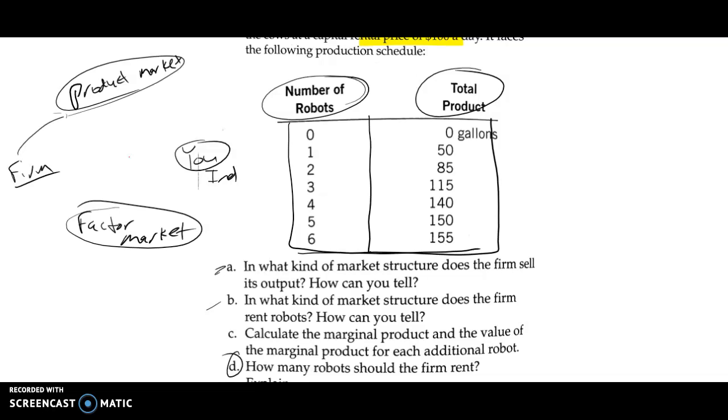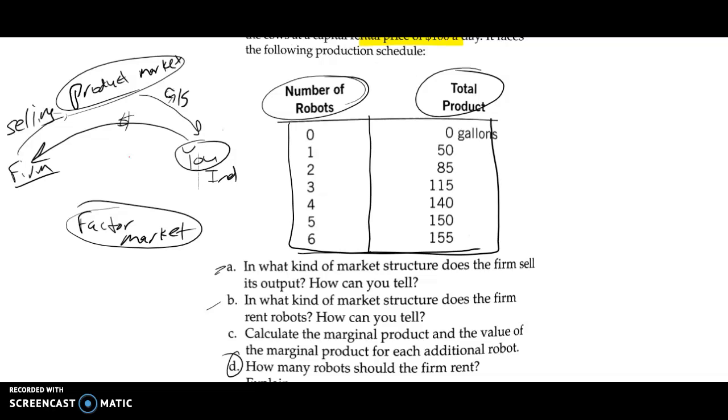In one market, it's selling things to people. It's selling goods and services, and people in return are paying them money for those things. That's the product market. It's the selling. Firms are selling in that context.